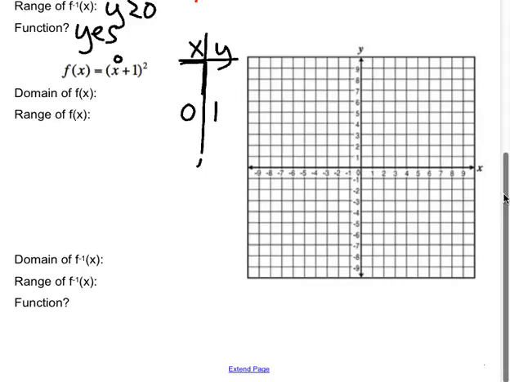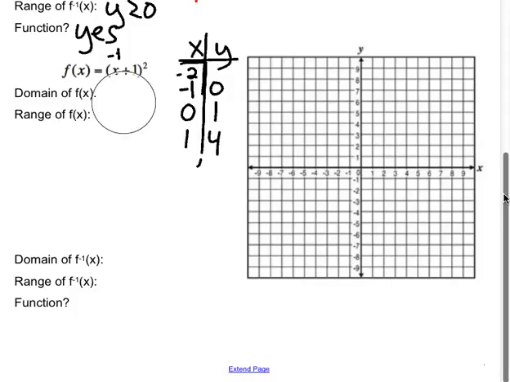Okay, what about when I plug in 1? If I plug in 1, 1 plus 1 is 2. 2 squared is going to give me 4. If I plug in negative 1, negative 1 plus 1 is 0. 0 squared is still 0.